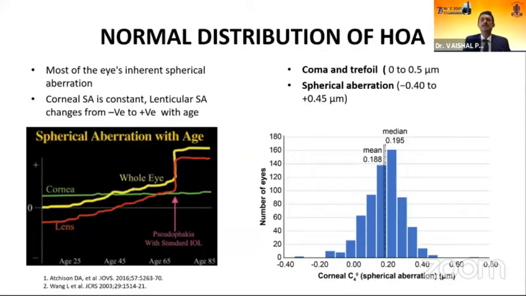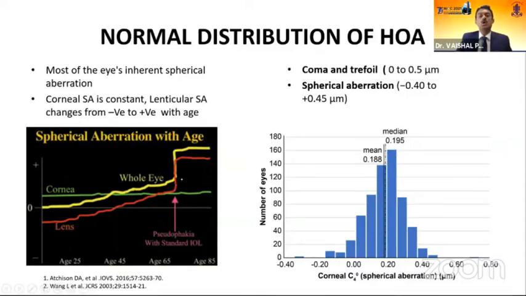Now, to understand this: the corneal spherical aberration is constant throughout life, but the lenticular spherical aberration is negative when we are born, and as we age and reach the presbyopic age, it neutralizes the corneal spherical aberration.